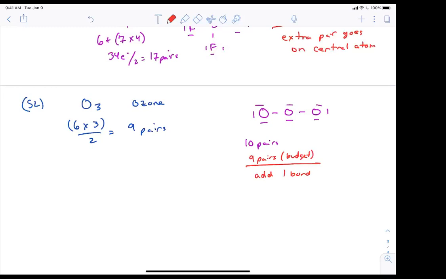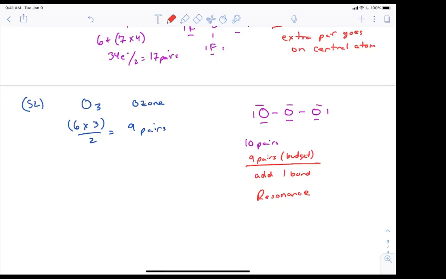In this situation, does it matter which bond we add that bond to? Doesn't matter. No. No, thank you, Alejandro. So what that tells us is because we have 2 places to add 1 bond, this must be resonance.